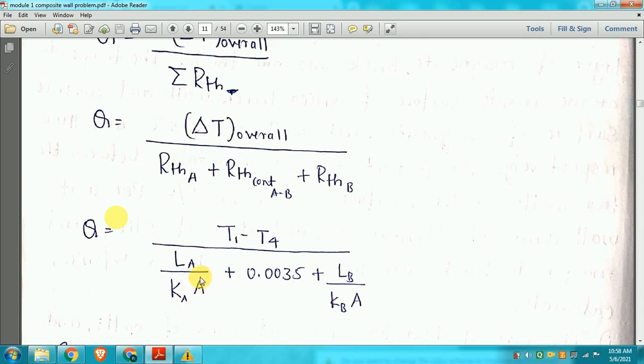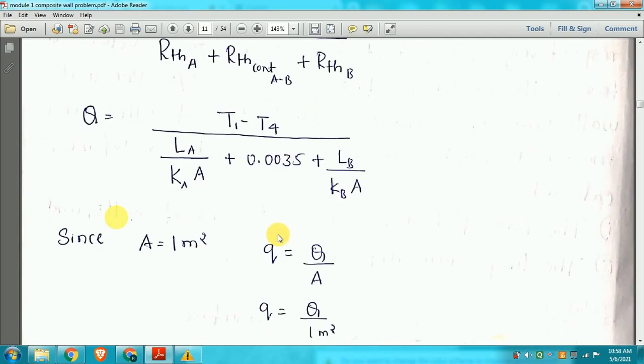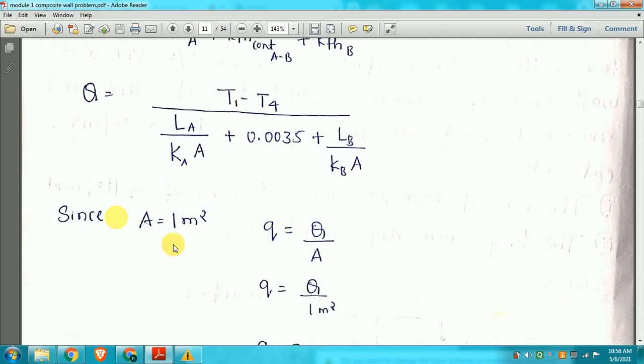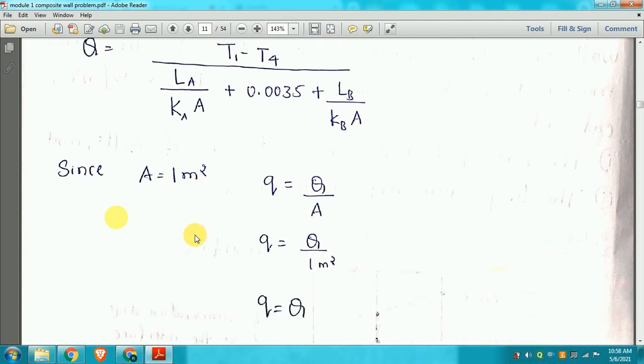Area is per unit area. All the things are given, we just have to substitute and calculate this Q. T1 is given, T4 is also given. It is given that we have to find per meter square area, so you can take A to be 1 meter square.